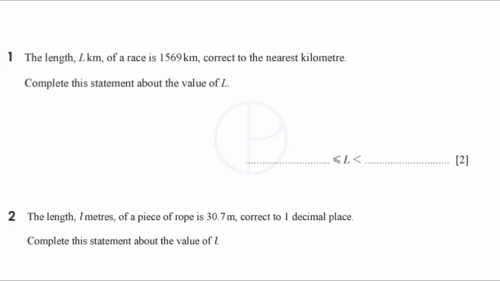The degree of accuracy is correct to the nearest kilometer, so 1 kilometer. 1 divided by 2 is 0.5.